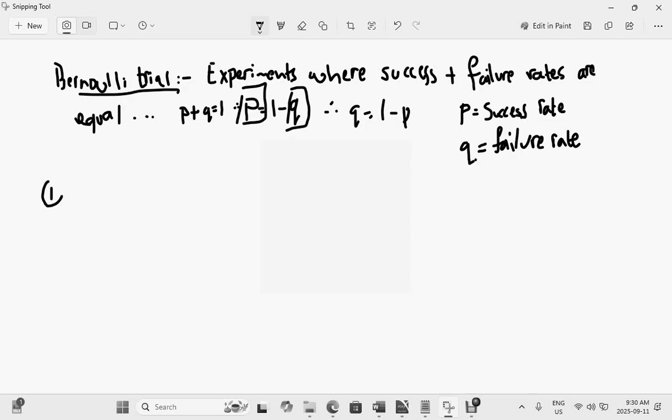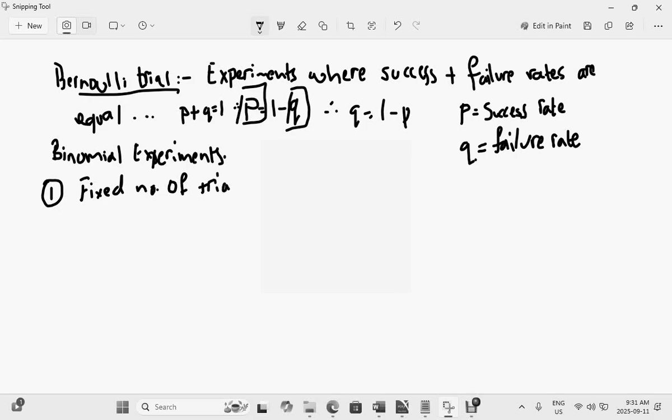Number one, this has to do with binomial experiments: you have a fixed number of trials. Next, you have possible outcomes.